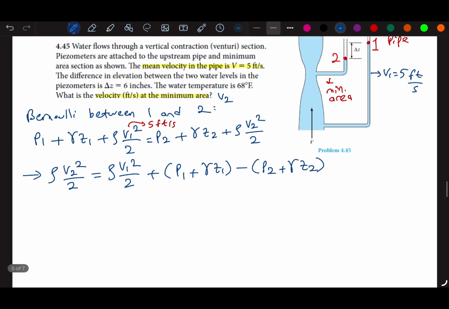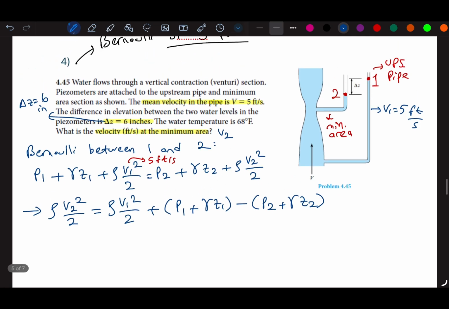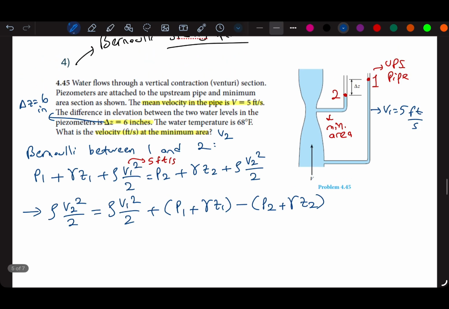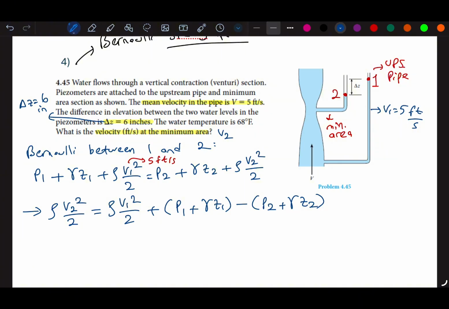So here there's a confusion about the wording, because it says delta Z is 6 inch, but it actually doesn't mean that Z1 minus Z2 is 6 inch. You cannot say that, but this distance is actually the distance in piezometric head.